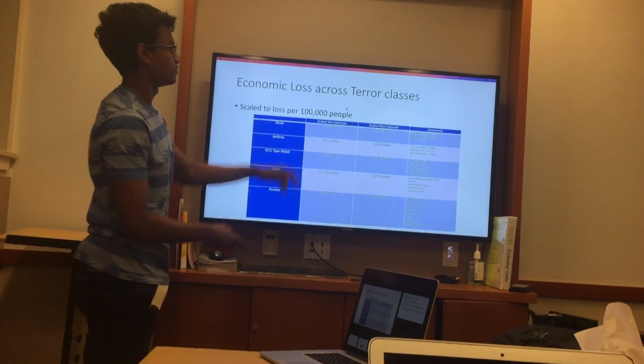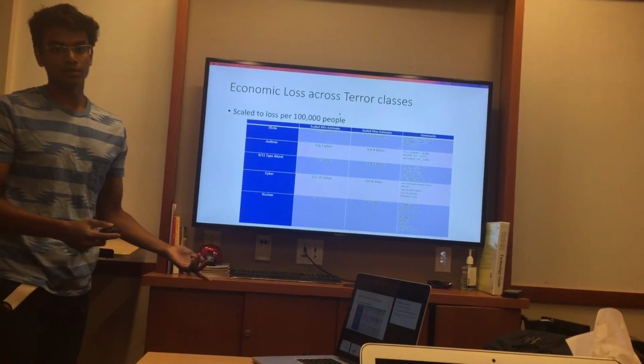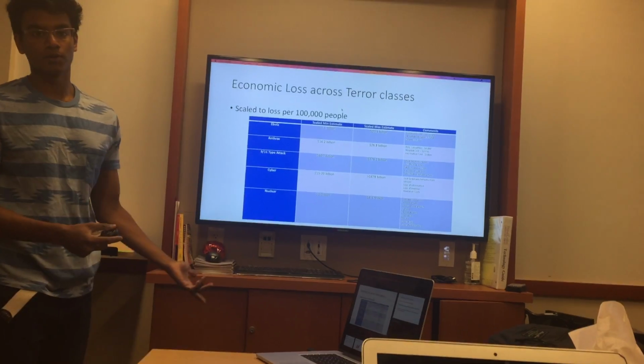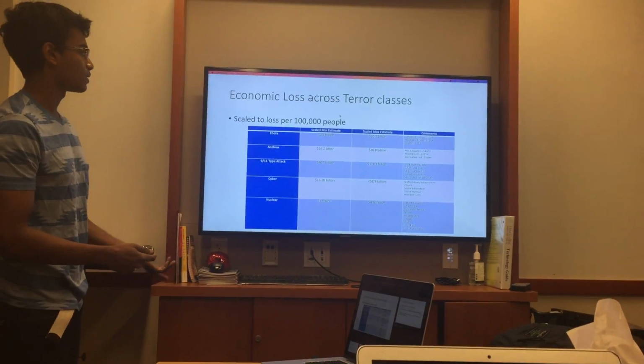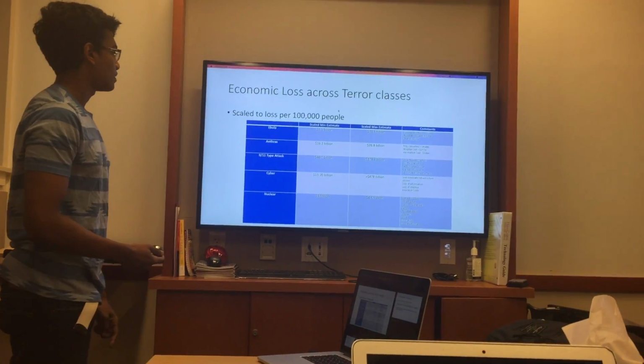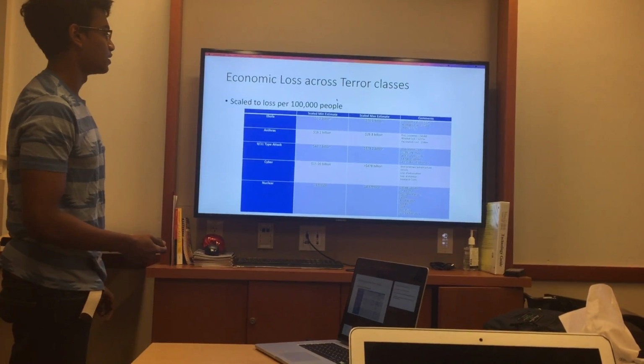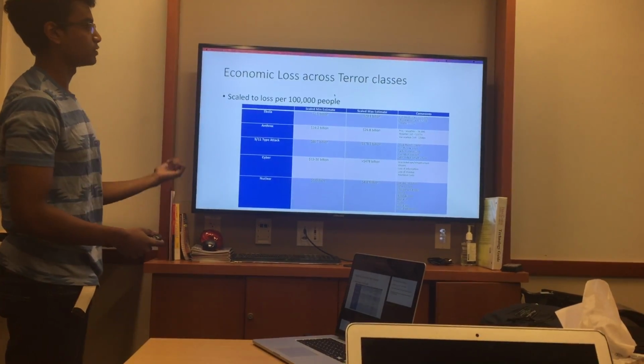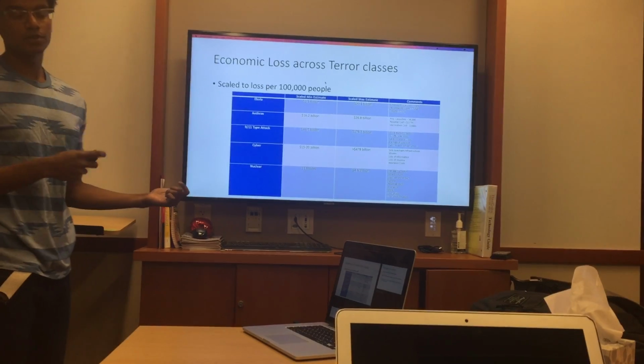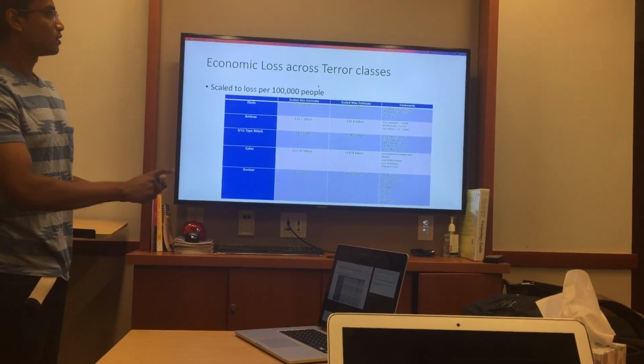Like in the case of Ebola, there was a combined GDP loss in West Africa of 12.1%, and 11,000 deaths. For anthrax, there are no prior casualties that happened, so these are predicting future casualties.